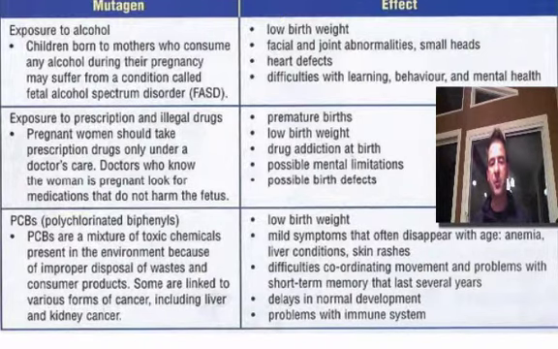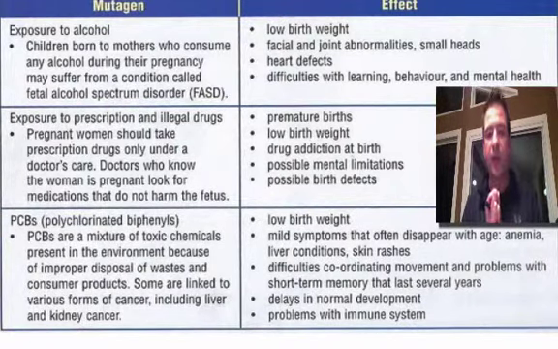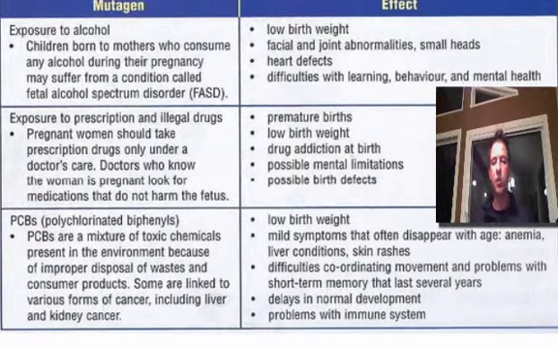The other type would be prescription drugs and illegal drugs. If a pregnant woman takes prescription drugs, you would want to do that only under the doctor's care. But if you're taking restricted drugs, you can actually harm the fetus. You might get premature births, low birth weight, and drug addiction at birth, so children are born with a drug addiction from the womb.